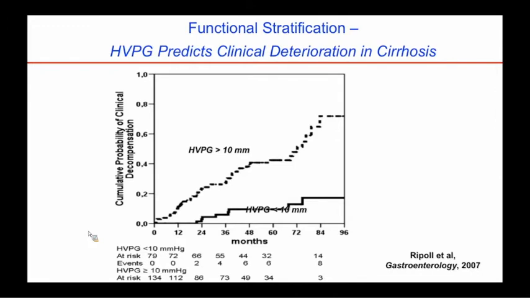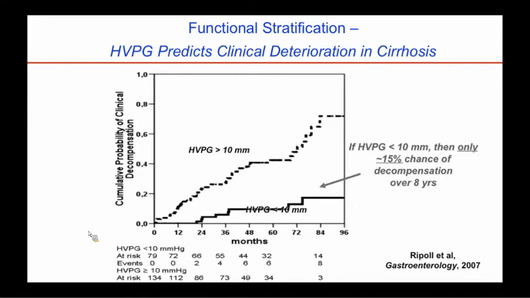And so this is again a study from Lupe and her team, along with many others, as part of a beta blocker trial that was negative. And effectively what it showed was that if the HVPG in cirrhotics is less than 10 millimeters, and those patients are followed over 8 years, there is about a 15% chance of decompensation.